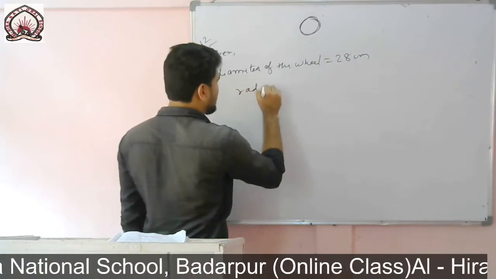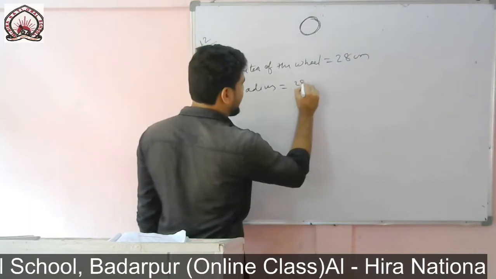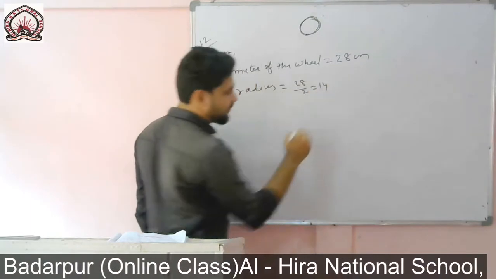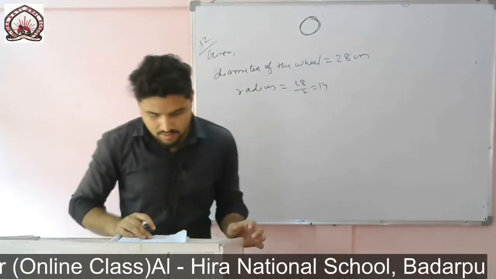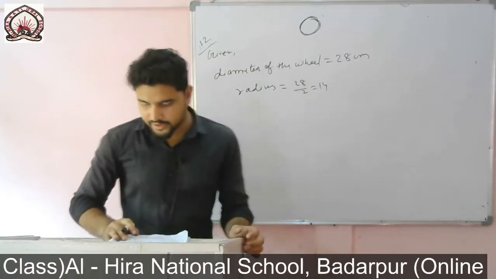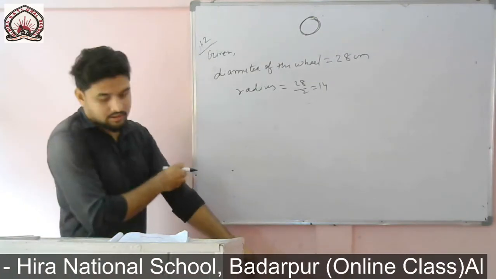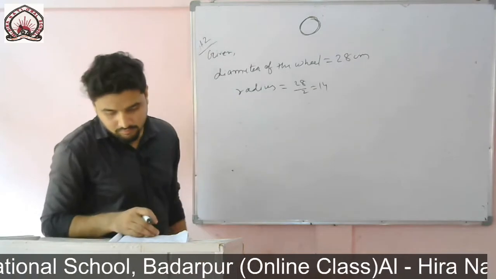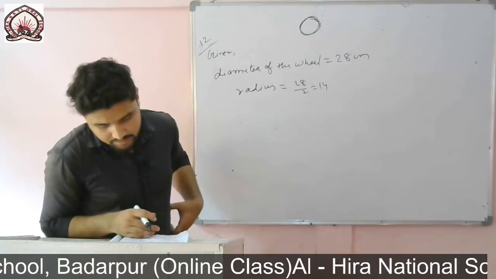Radius will be 28 by 2 equals 14. Now write.